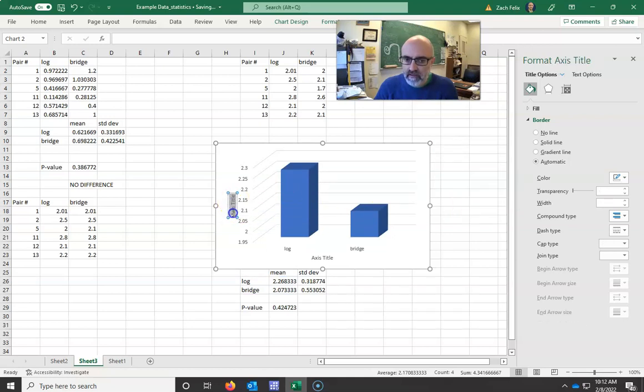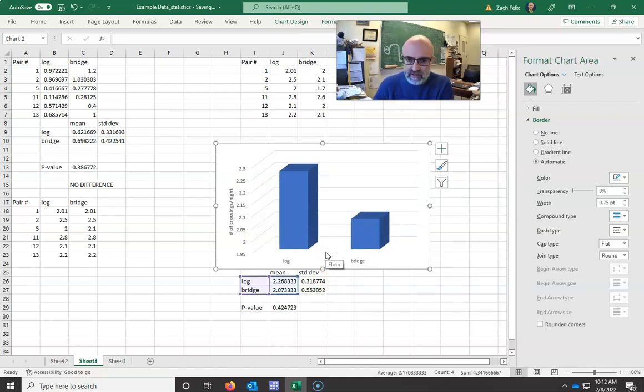And over here, what is this axis? This is the number of crossings per night. You don't really need a title down here. It's on logs and on bridges. So I'll just get rid of this. Yeah, it stretches the whole chart out.